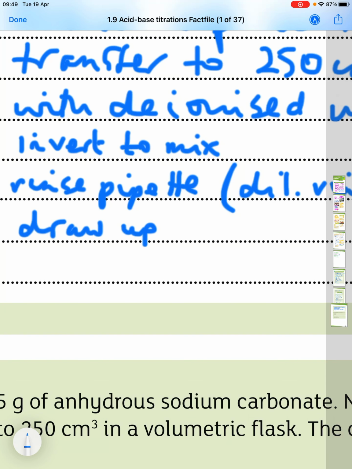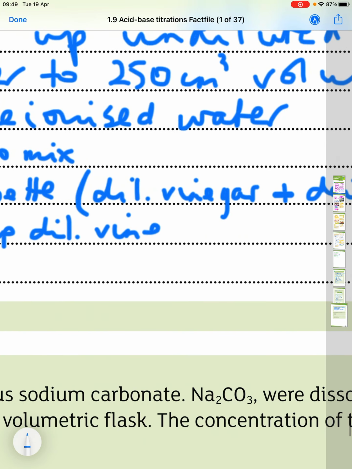Then again we're going to draw up the vinegar. This is the dilute vinegar.